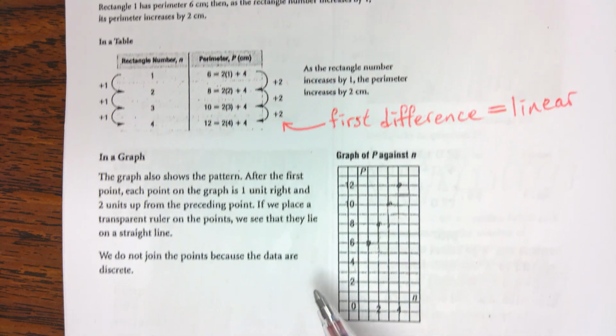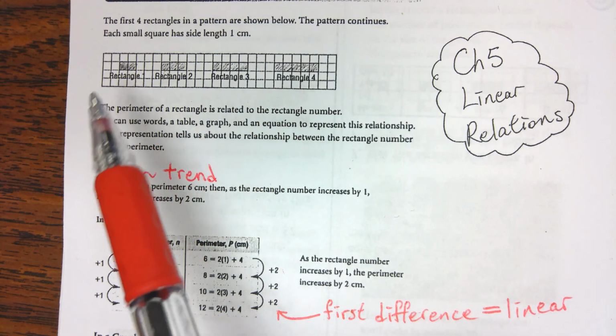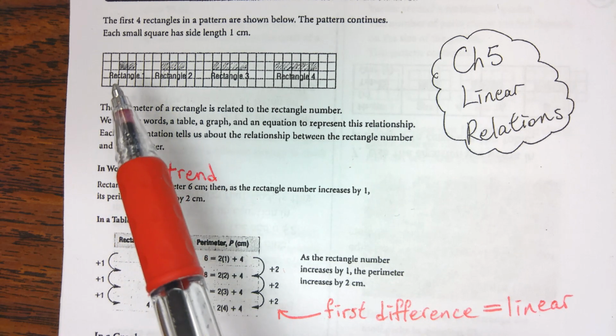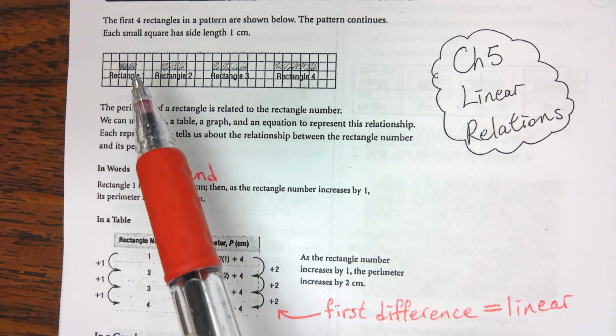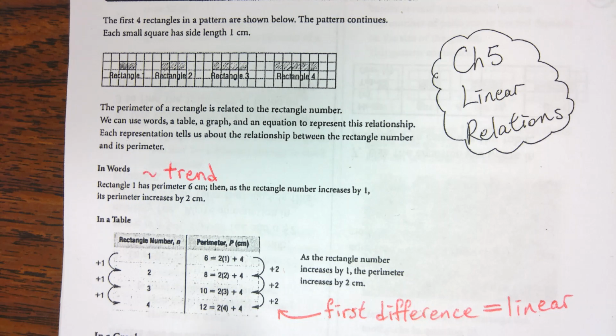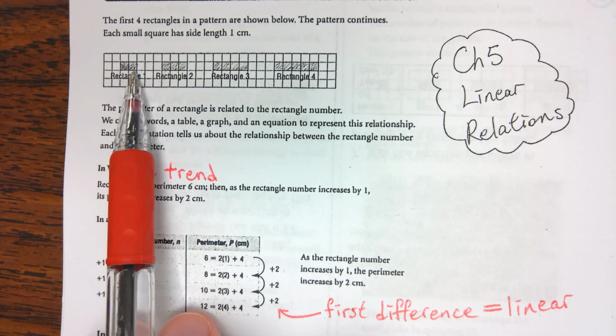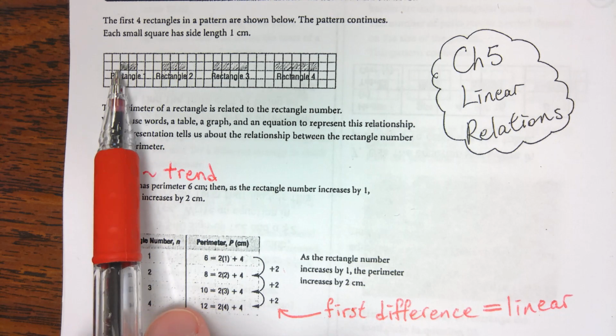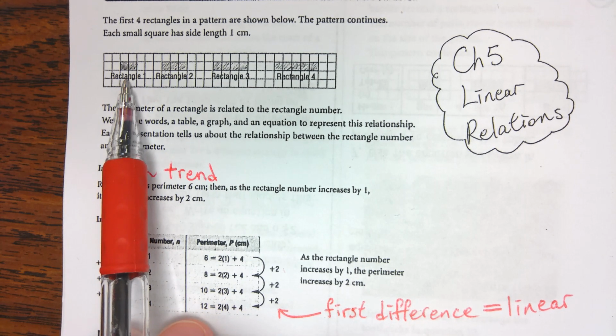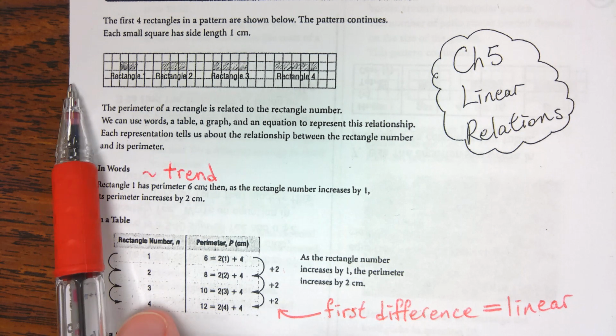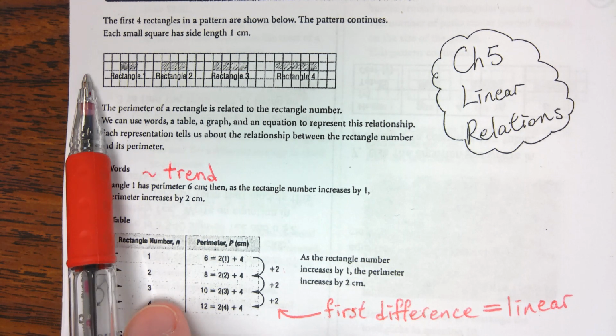All right, so take a look here. It starts with 4, that's right. But here, if I do the perimeter, isn't this 1, 2, 3, 4, 5, 6? Doesn't it start with 6? Where is the start?